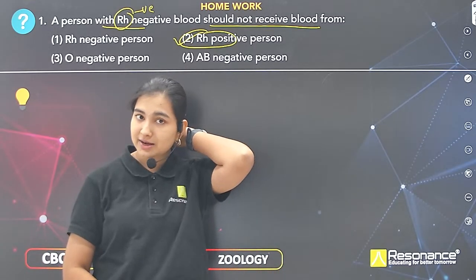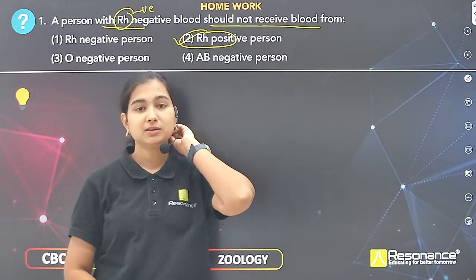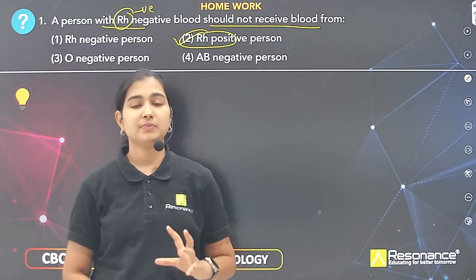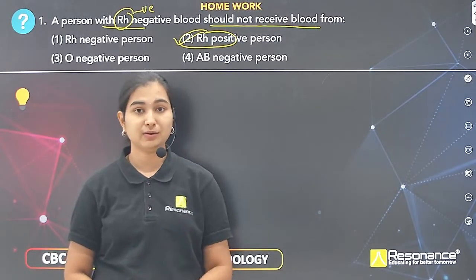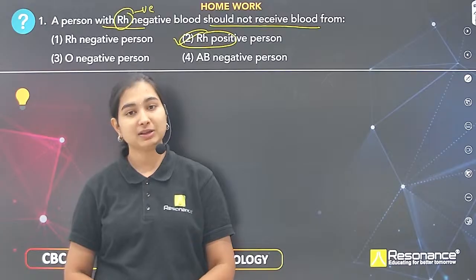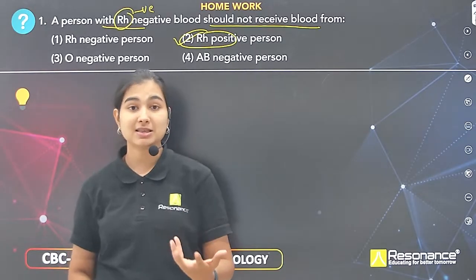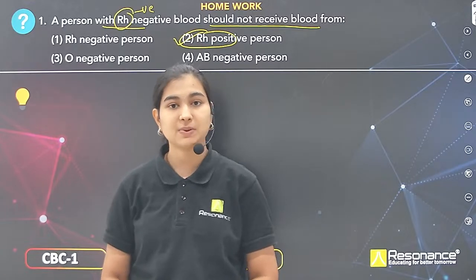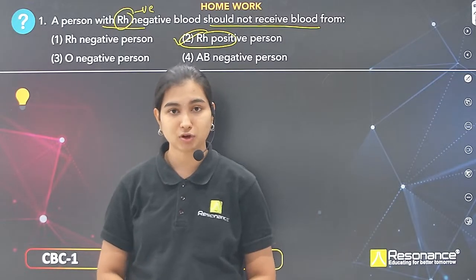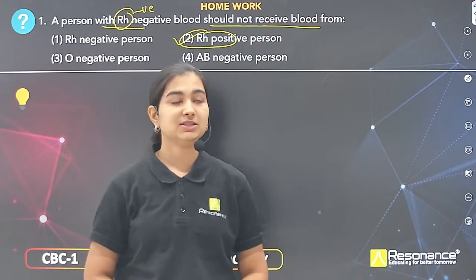Because of this RH incompatibility between the mother's blood group and the baby's blood group, this condition would arise. So you will be reading in detail about this particular thing. It's a very interesting topic in the chapter body fluids and circulation.